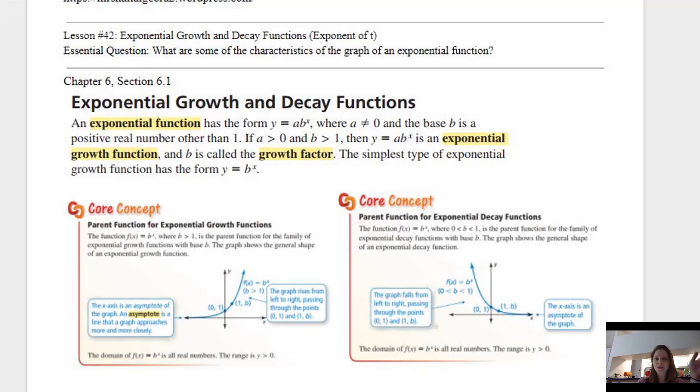Okay, so we're going to begin with exponential growth. The function f of x equals b to the x power, where b is greater than 1, is the parent function for the family of exponential growth functions with base b. The graph shows the general shape of an exponential growth function.